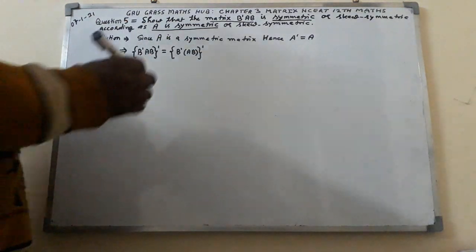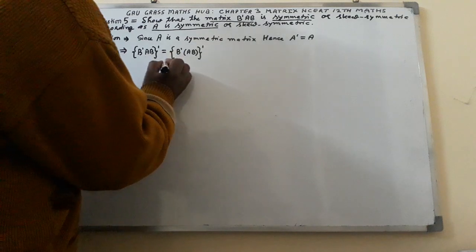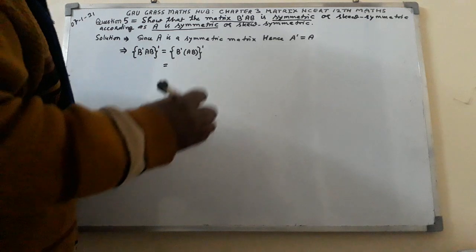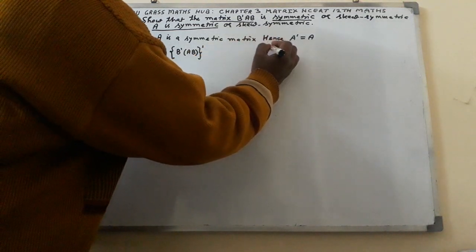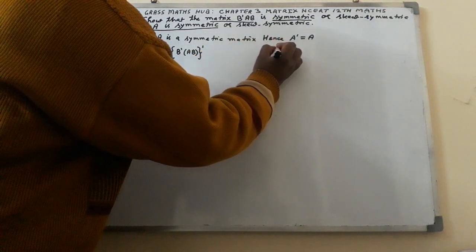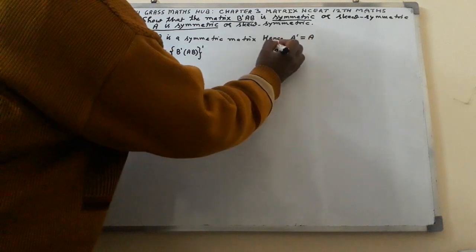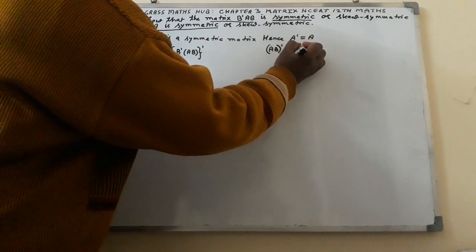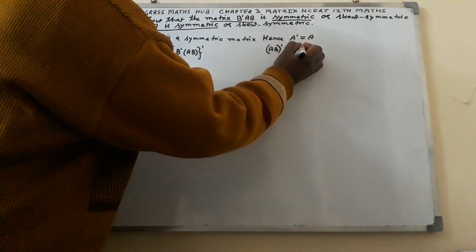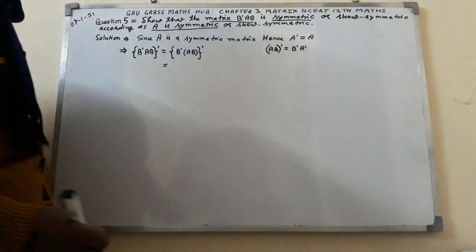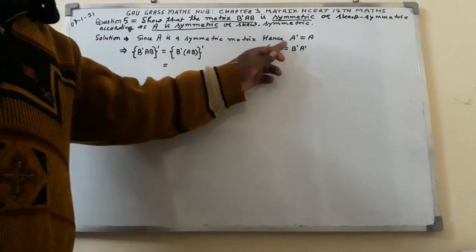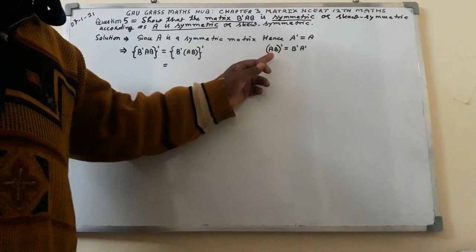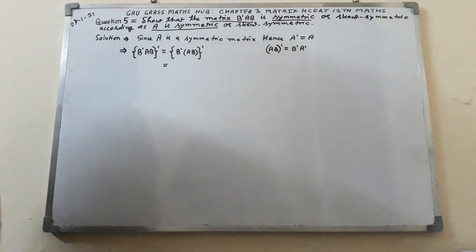Here a formula is there. What is the formula? The transpose of AB is equal to B dash A dash. The transpose of the matrix AB is equal to B dash A dash.